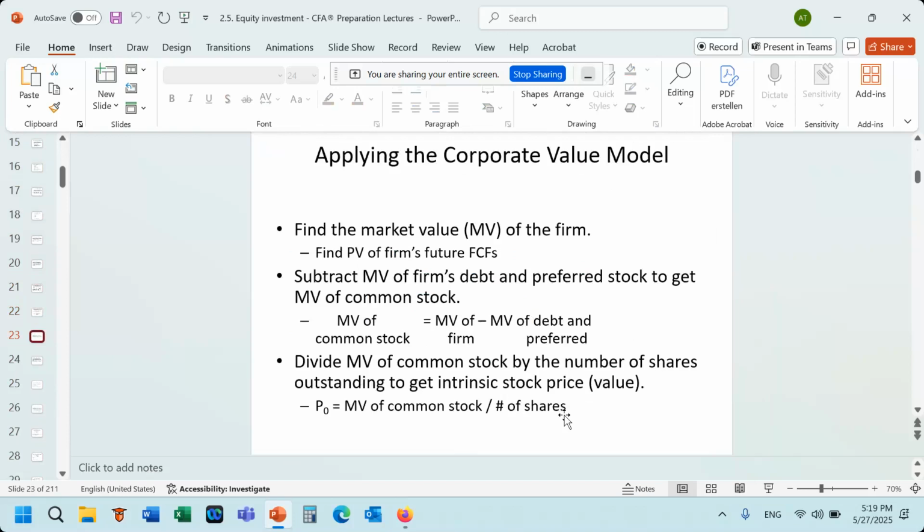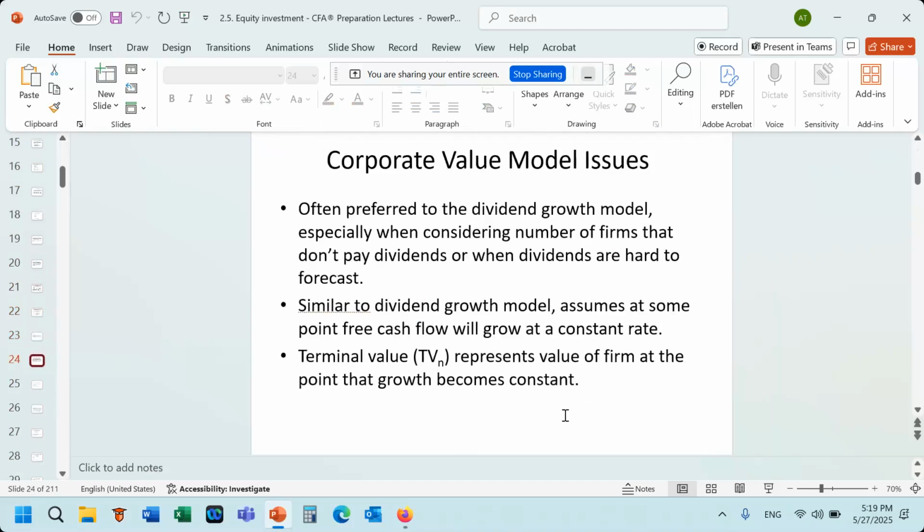Basically, what we did with an example is written as a formula here. What are the issues with this model? Often we prefer this corporate value model, especially on a practical basis, over the Gordon formula applied to the stock price.